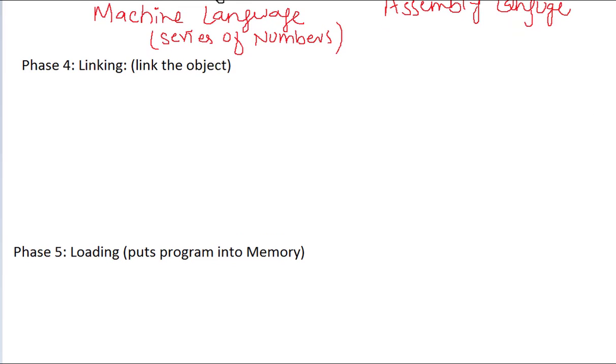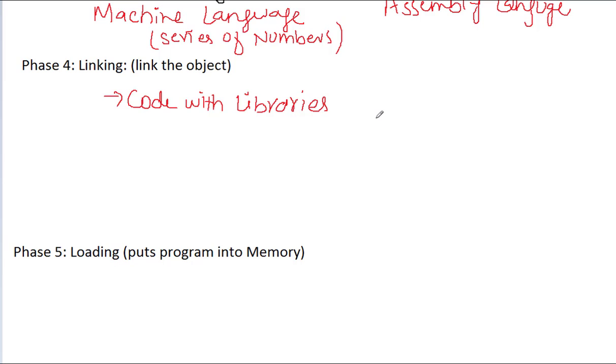Now phase 4, linking. What is this? Linking means to link something, to link some objects, like the code with libraries, right?